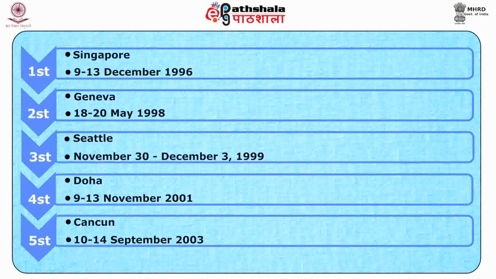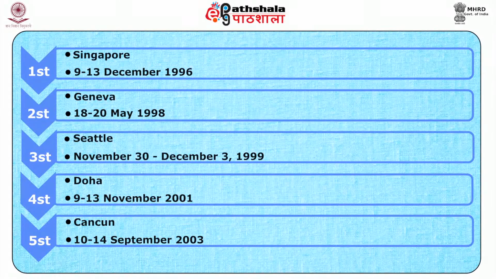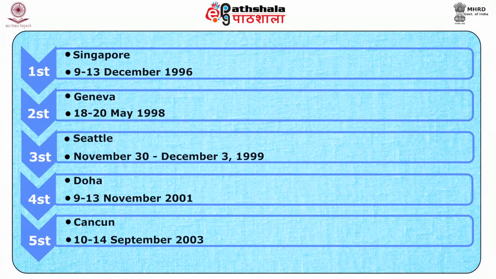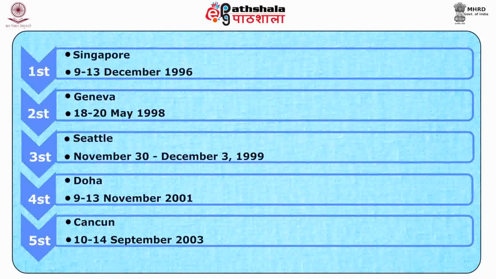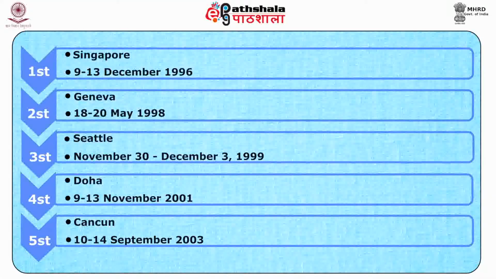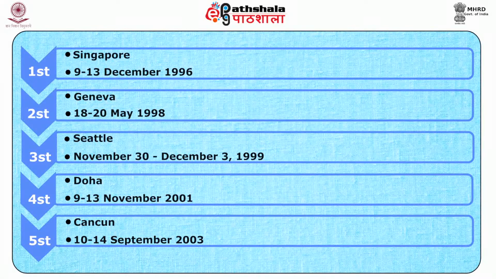Chart 1. Ministerial Conferences: the first in Singapore from 9 to 13th December 1996, and the second in Geneva from 18 to 20th May 1998. Third in Seattle from November 30 to December 3rd 1999. Fourth in Doha from 9 to 13th November 2001. Fifth, Cancun from 10th to 14th September 2003.